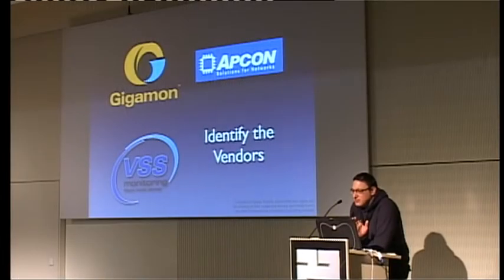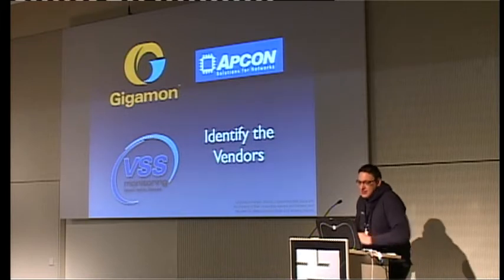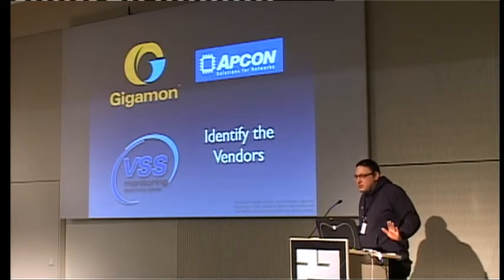Well, let's identify the vendors. This shouldn't be a product presentation or something like that, but I just want to tell you the names of the vendors. I will quickly step through the slides, so just that you can remember it or that you see what these machines are or how they look like.